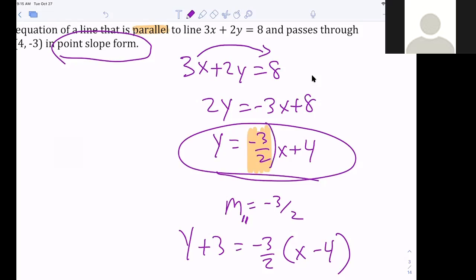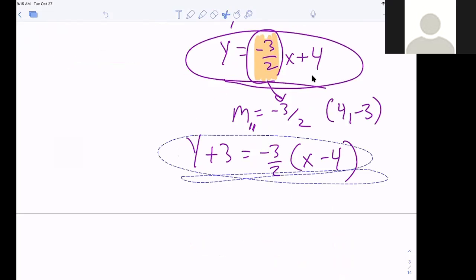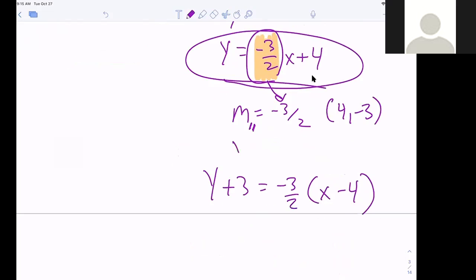And that tells me the slope of the parallel line. Now, it's passing through the point 4 comma negative 3. So I'm using the equation y minus y1 equals m times x minus x1. And now I'm replacing: 4 goes in here, negative 3 goes in here.